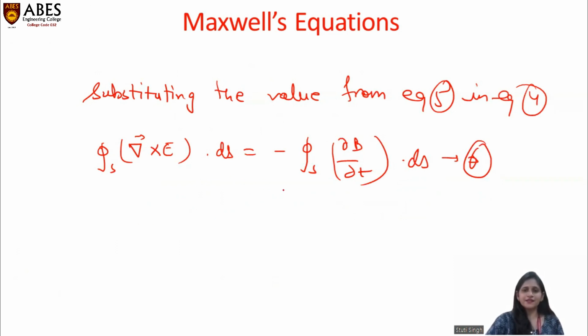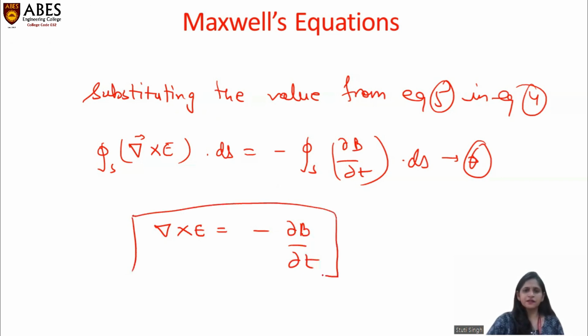From here, we can clearly see that curl E is equal to minus del B by del t. What is this representing?